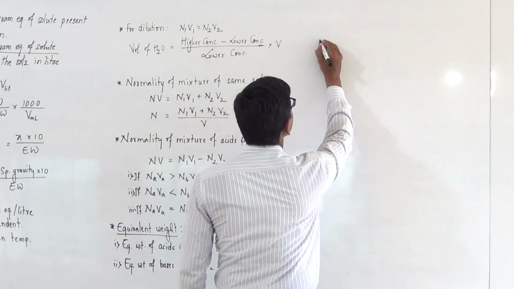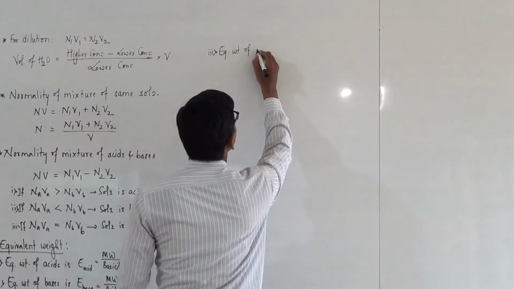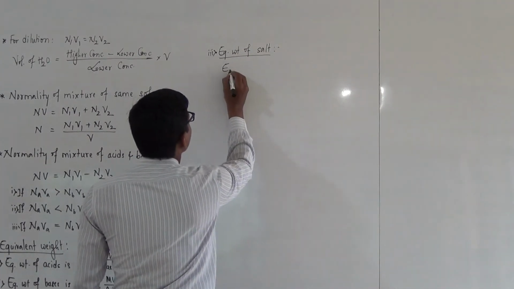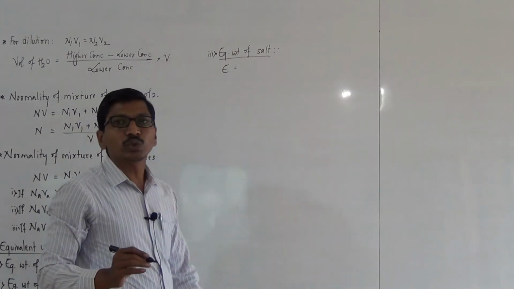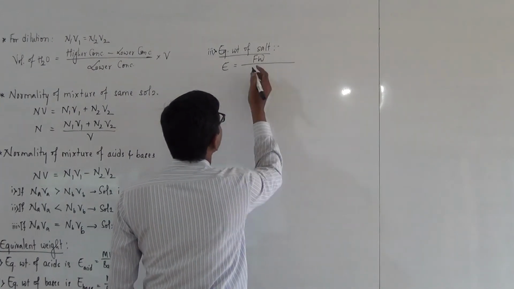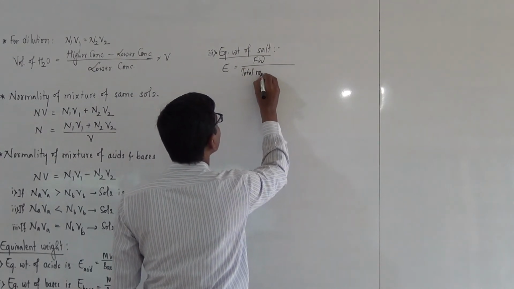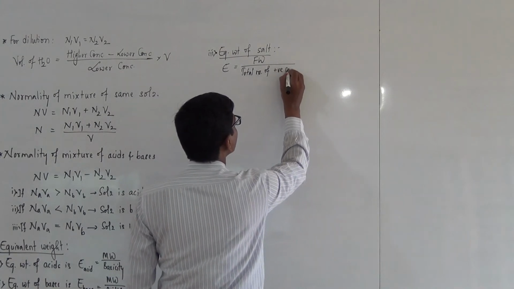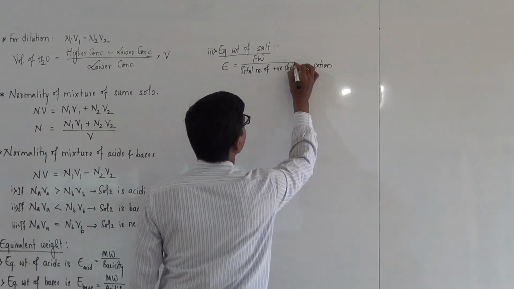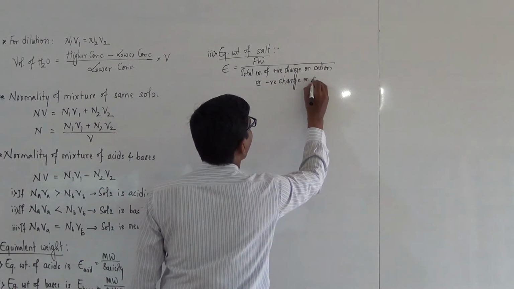Third one is equivalent weight of salt. Equivalent weight of salt is equal to formula weight, or molecular weight of substance, divided by total number of positive charge on cation or negative charge on anion.